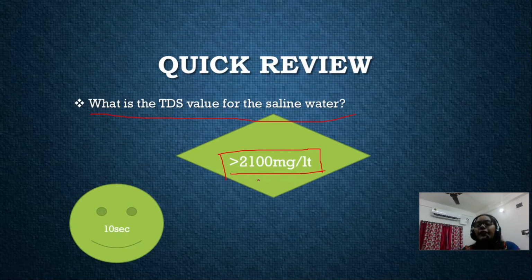Saline water means we have so many salts dissolved in this water, like seawater. In seawater there are so many salts, so we cannot consume it. Understand? There are so many salts there, sodium chloride, potassium chloride, calcium chloride. These are some of the salts dissolving into the water, and the water is getting saline. Understand?